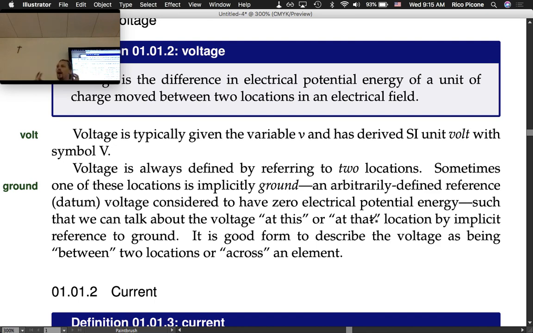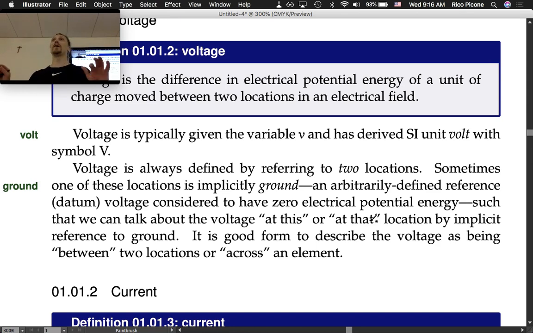We're going to have a ground for voltage. That's what we're saying. So there's no universal ground for voltage. It's just something that's defined in the problem that you're working. So you will say this point in the circuit is ground. And that's fine.